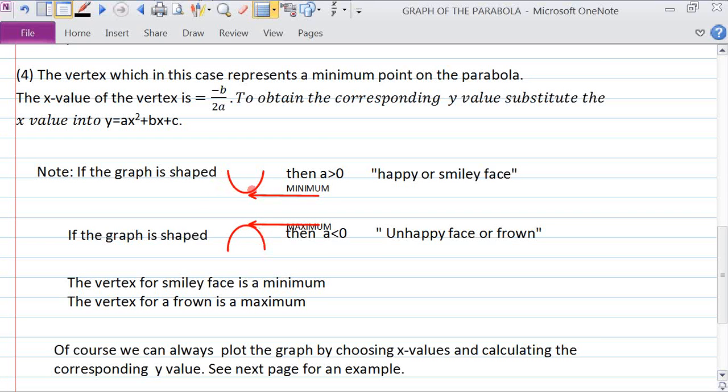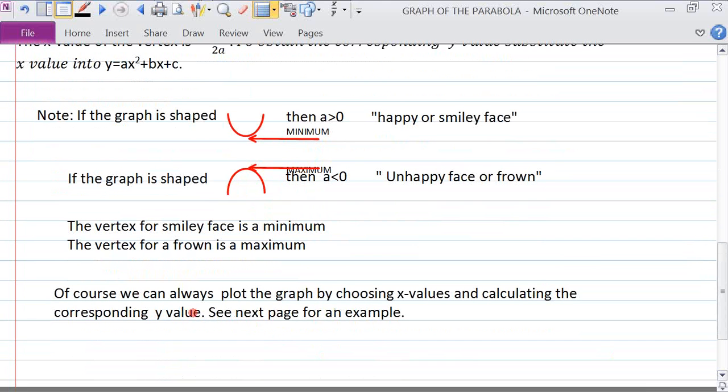But if a is less than 0, then the graph is shaped like an unhappy face or a frown, and this is a maximum. So we're going to see two kinds of cases, a smiley face or a frown. The vertex for a smiley face is a minimum. If the graph is shaped like a frown, it's a maximum. Okay? So we're going to see these two kinds of cases.